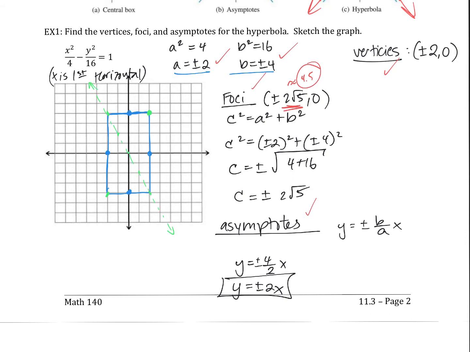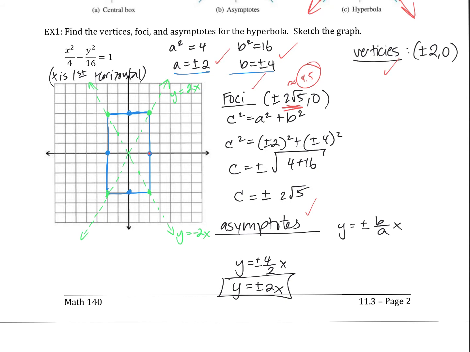And then be sure to label these guys. And they should pass directly through the corners, so make sure you include that in your graphs. This is y equals 2x, it's positive, going uphill, and y equals negative 2x, negative because it's going downhill. Now we just need to draw in the other two items, our vertices and our foci.